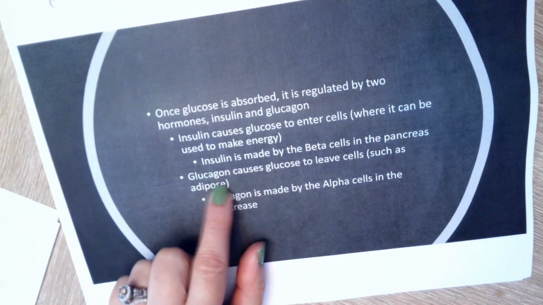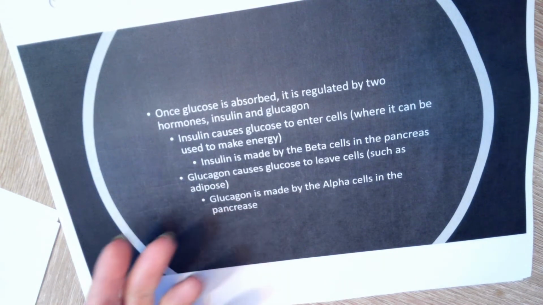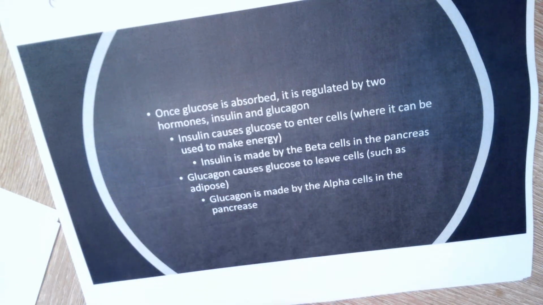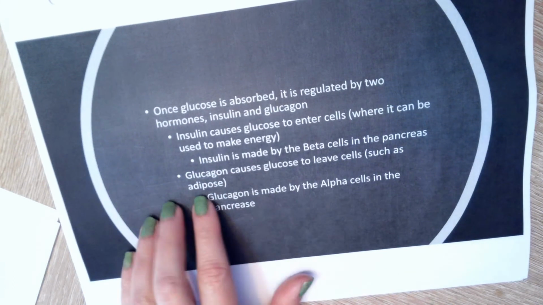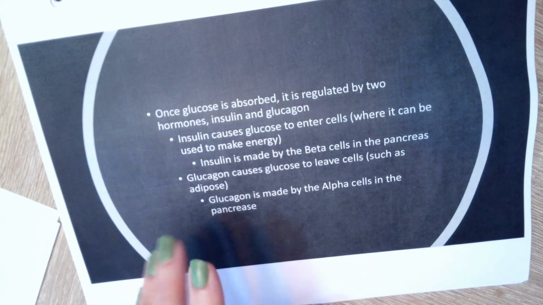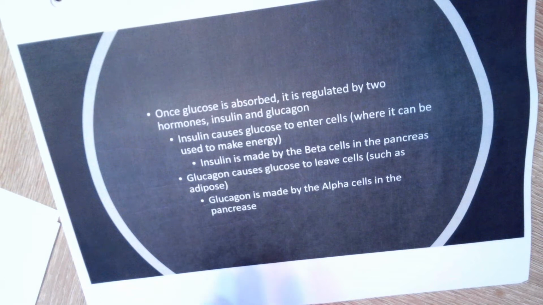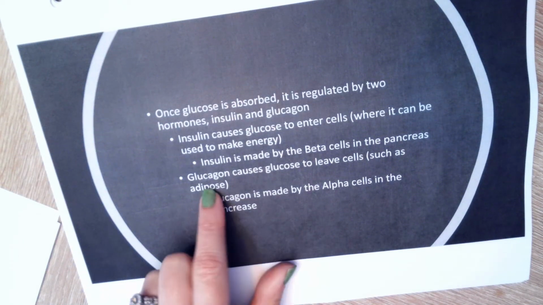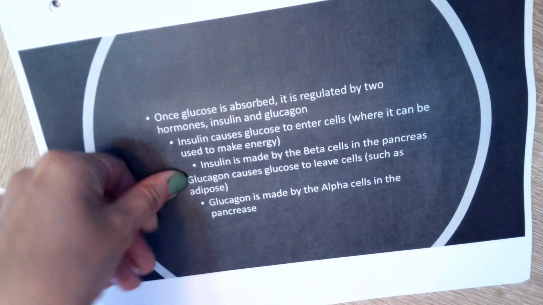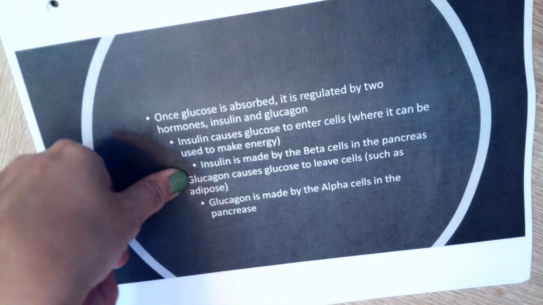Glucagon is the reverse hormone, and it is part of the thing that causes glucose to leave cells, in particular your fat cells where we can store extra glucose. There are other factors that cause glucose to leave the cells that we're going to get into later in, I believe it's Unit 3. So just put a pin in that, think, okay, we're going to amend that a little bit later on in the semester.